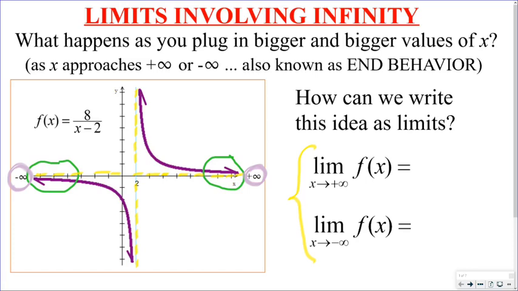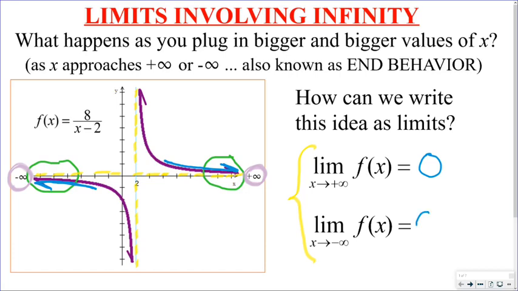Let's start with as x approaches positive infinity. If I put my pencil on the graph and go towards the positive infinity end of the graph, I can see that my y values are approaching the asymptote, or the y values are approaching 0, where the horizontal asymptote is. And then if I try to evaluate the limit as x approaches negative infinity, I can put my pencil on the graph and go towards the left end of the graph, where again, the graph is approaching this horizontal asymptote at y equals 0.